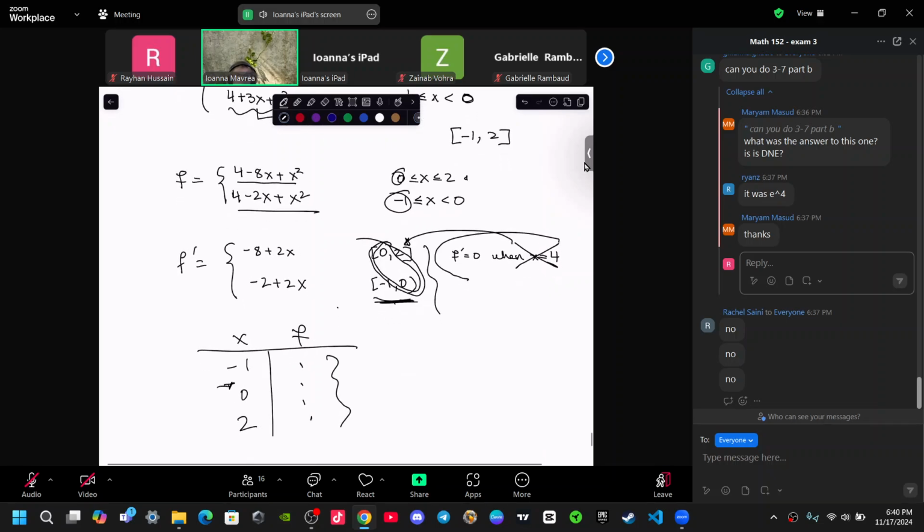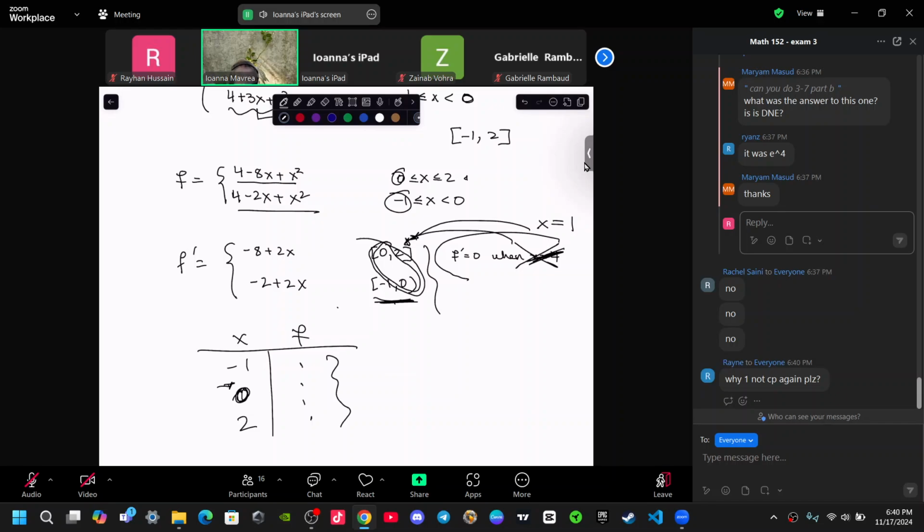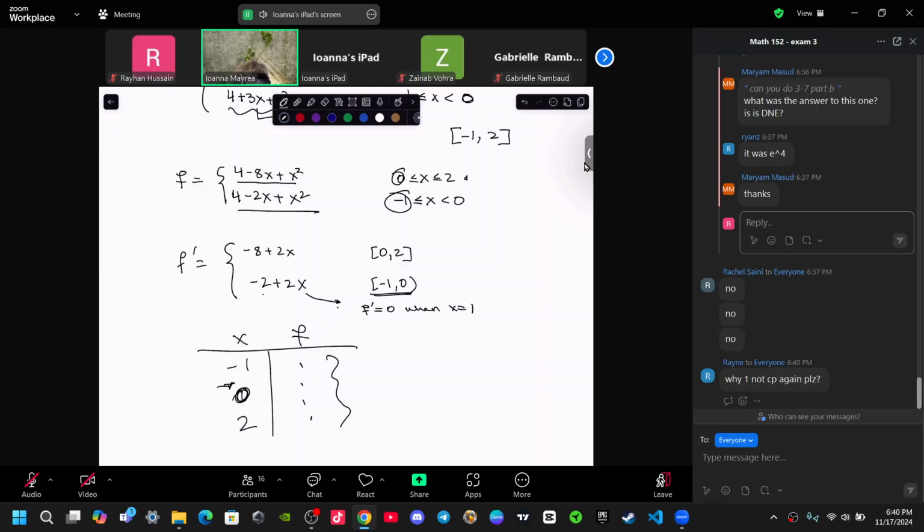Okay. So if that number here, for example, was a 1, then for the top part you would include it. But you also have to include the 0 and the endpoints of the whole thing. Right, because this piece that has this domain gave you a potential critical point when x is equal to 1, but this piece has this domain.